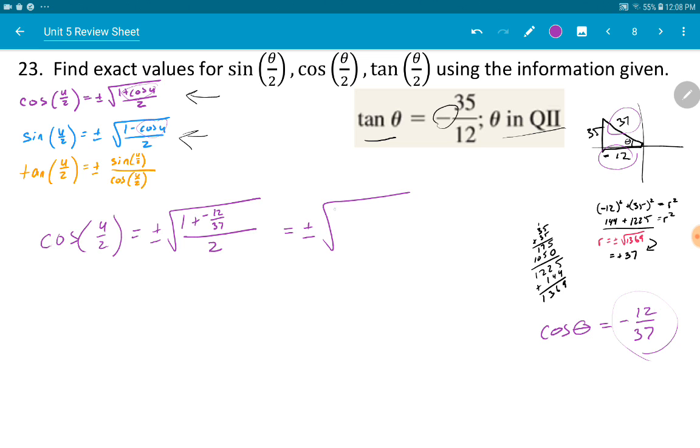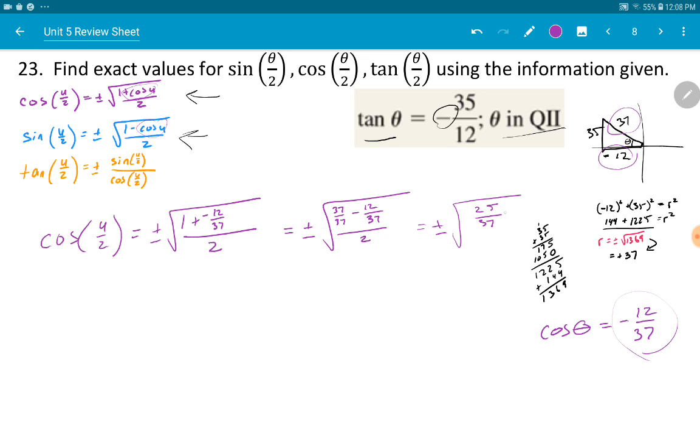I'm going to turn that 1 into 37 over 37 so I can simplify that fraction. All over 2, that is plus or minus the square root of 25 over 37.